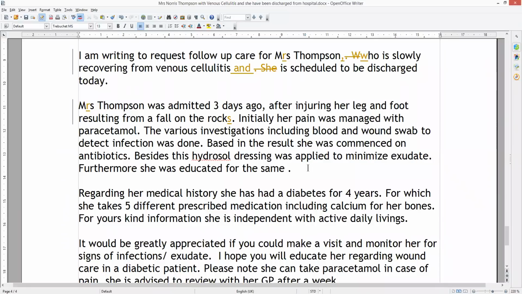You know, investigation, that implies more detailed, in-depth things like police investigation. So just make it tests. The various tests, so the various investigations, so we've got a definite article. When you introduce something for the first time, you don't use a definite article, do you? It's always indefinite.